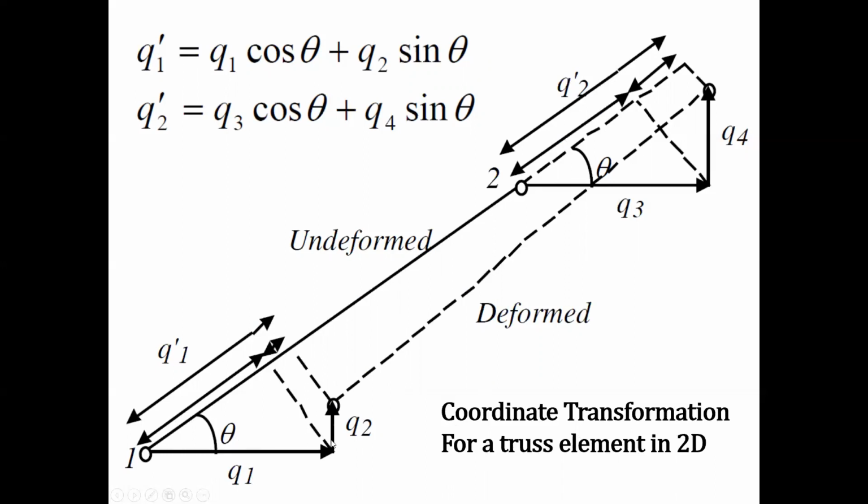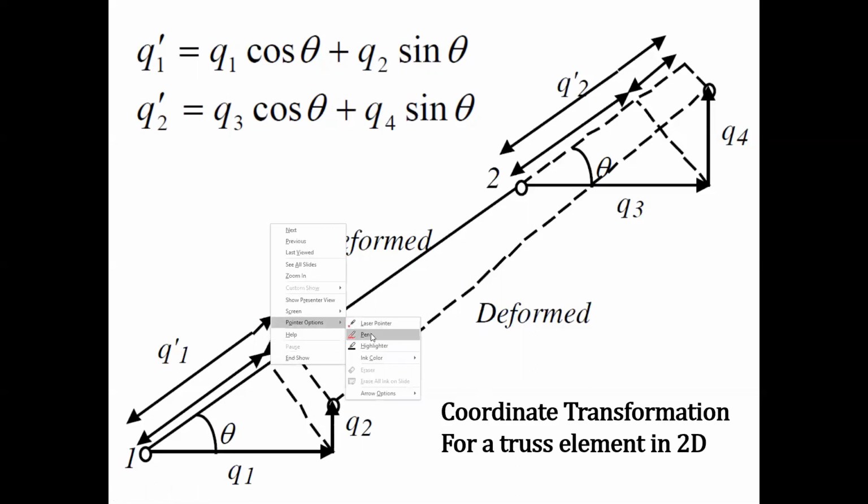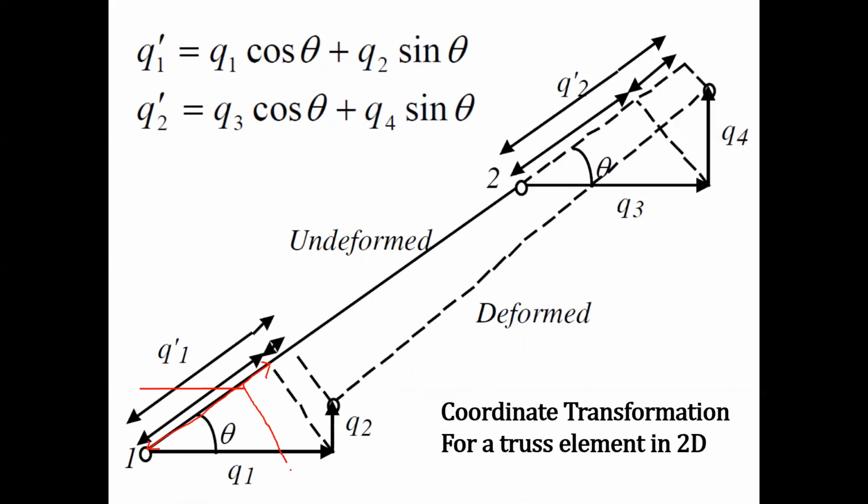So just looking at this picture, this q1 prime can be broken down into two parts: a part from here to here, which is going to be equal to q1 cosine theta, and a second part from here to here, which is going to be q2 sine theta, right?